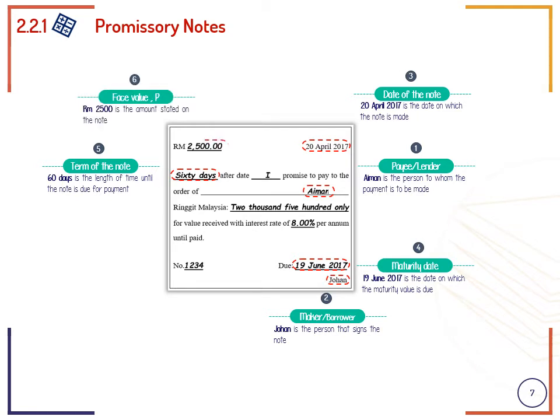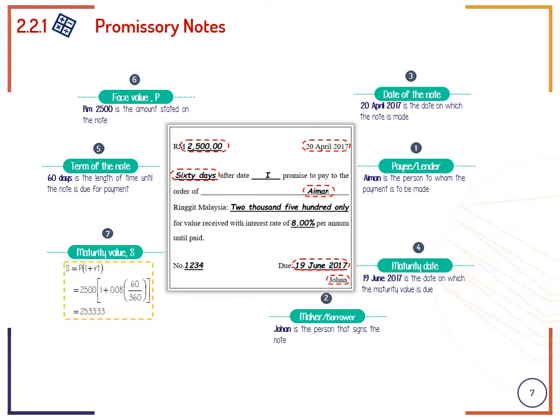The face value of the note is 2,500. 2,500 is the amount stated on the note. Maturity value of the note is calculated by using the formula S equals P(1 plus RT), where P equals 2,500, R equals 0.08, and T is, by banker's rule, 60/360.